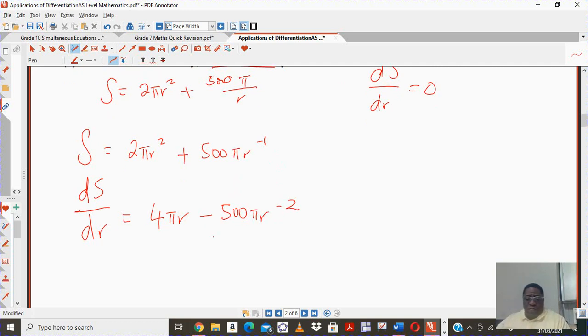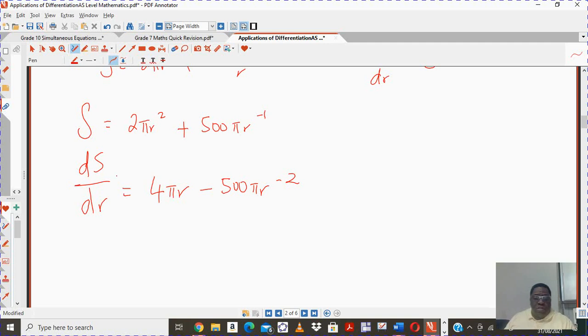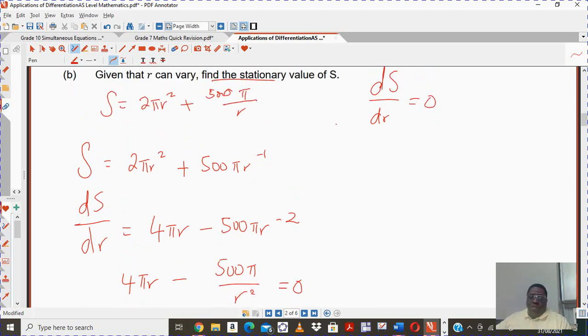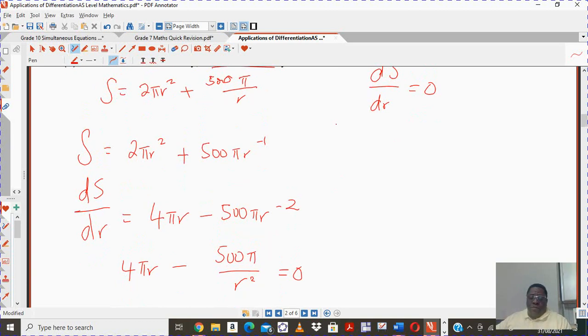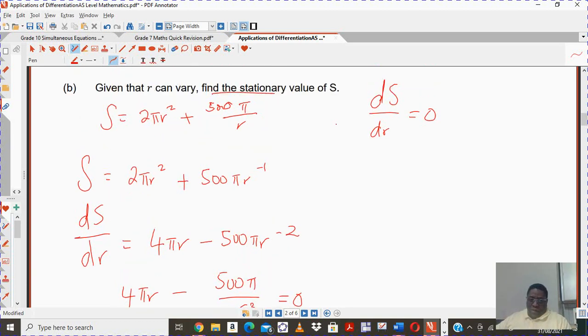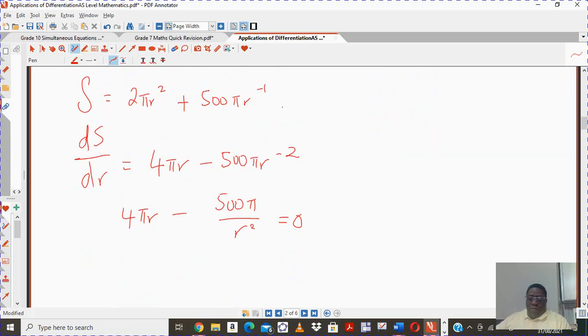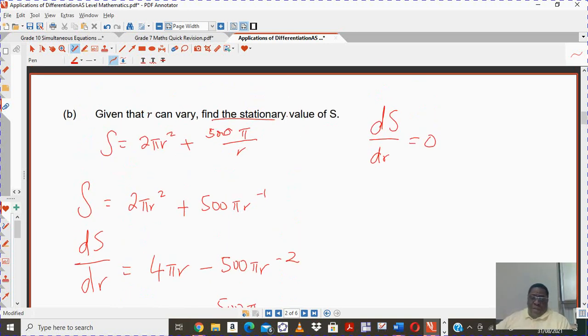So this can further be written, just to make sure, as 4 pi r minus 500 pi over r squared. And I know that this should equal to 0 from the information that it is a stationary value. So we want to find the value of S. What will the value of S be if r is going to be varying?